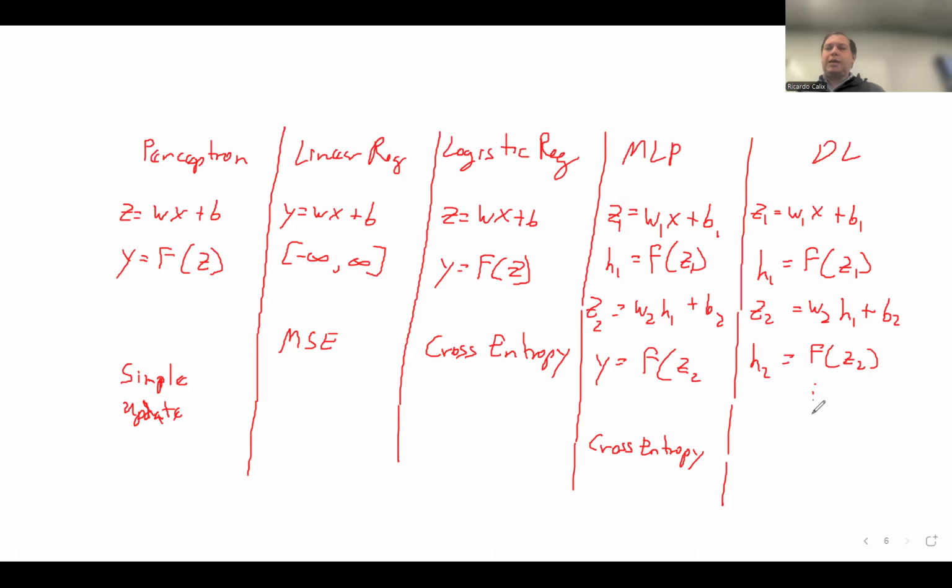And so on, until the final layer, which would be Wn times Hn minus 1 plus Bn, and that gives you Zn, which goes into a function fn to produce the final output Y, and this will be another cross entropy.